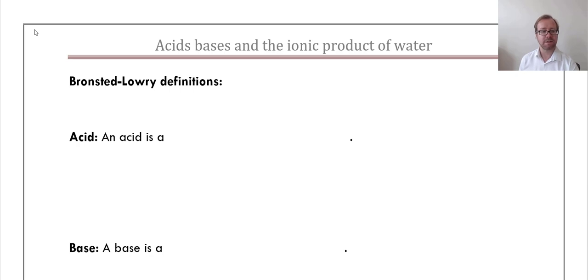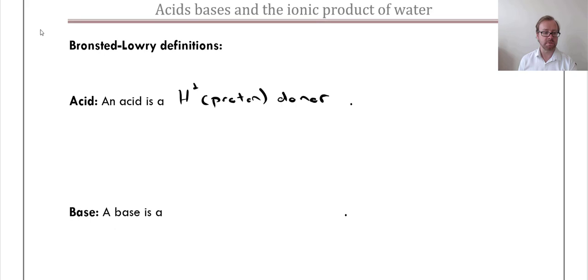So the Bronsted-Lowry definition. An acid, we can describe an acid as a H plus or a proton donor, and I'm sure that you've seen these definitions before.